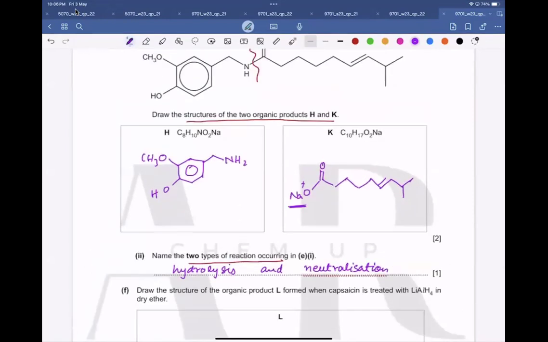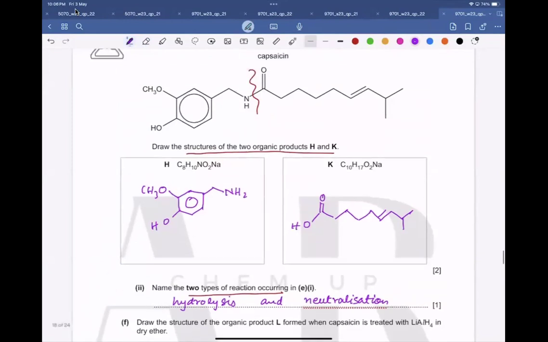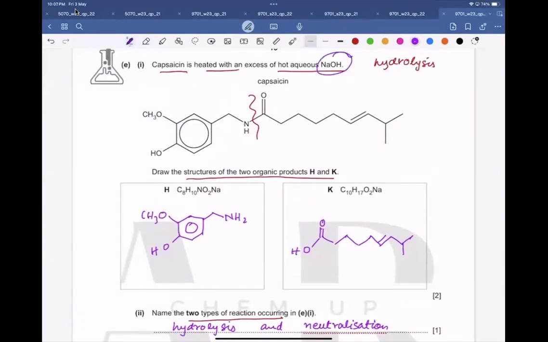Yes, Sohaib, did you understand this? If we use acid, then instead of the sodium salt, we get a carboxylic acid. With the base, the carboxylic acid is formed, but due to the presence of a base, a neutralization reaction occurs and that acid turns into its salt by releasing the hydrogen, and the sodium metal displaces the hydrogen.